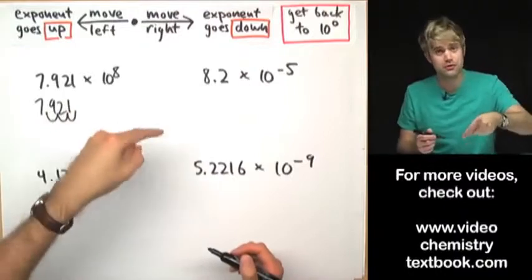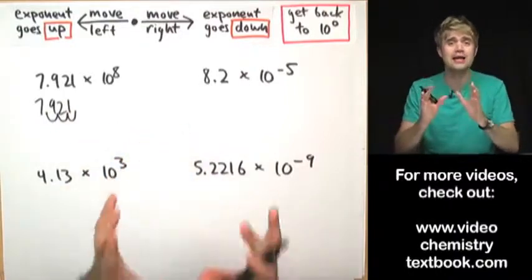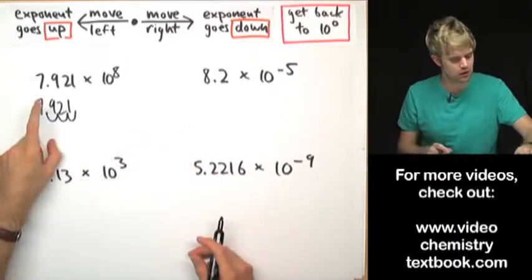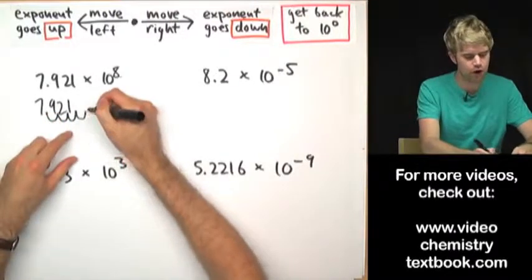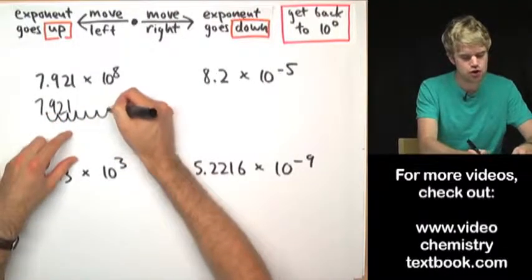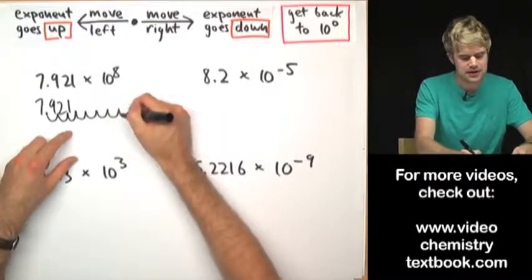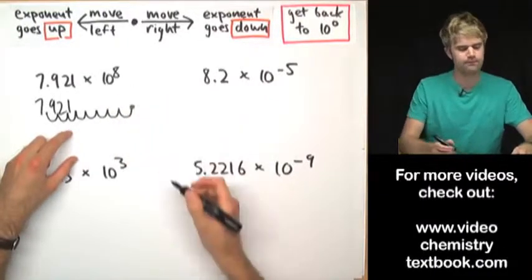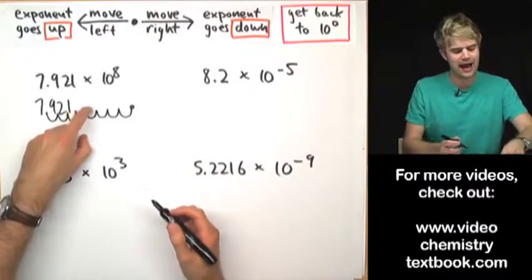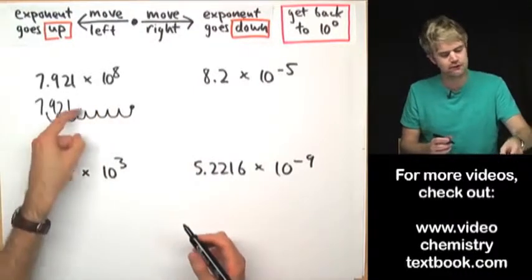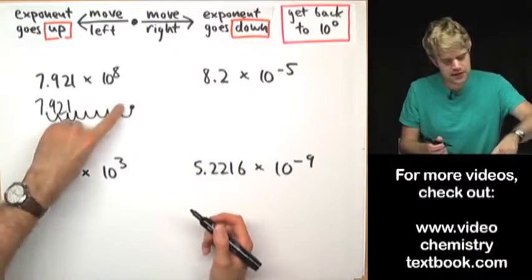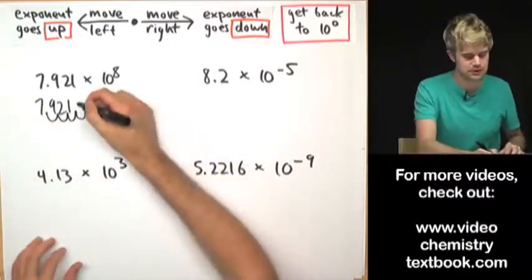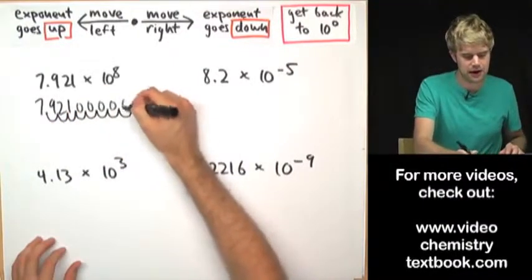Now I'm going to have to move it a few more times, and I'll add in the zeros after I'm done. Okay, so I went 10 to the 8th, 7th, 6th, 5, 4, 3, 2, 1, 0. So I had to move the decimal place a few more spots, and I ran out of numbers. So for each of these places in between where I moved the decimal place, I can write in a new 0 here.